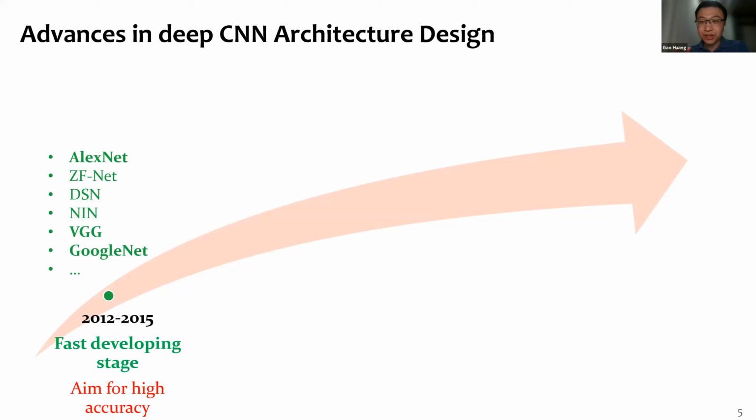And in this stage, the architectures have very high diversity, and some of the architectures may look very fancy, but those architectures can indeed lead to higher accuracy. So some of the representative networks include AlexNet, VGG, and GoogleNet.